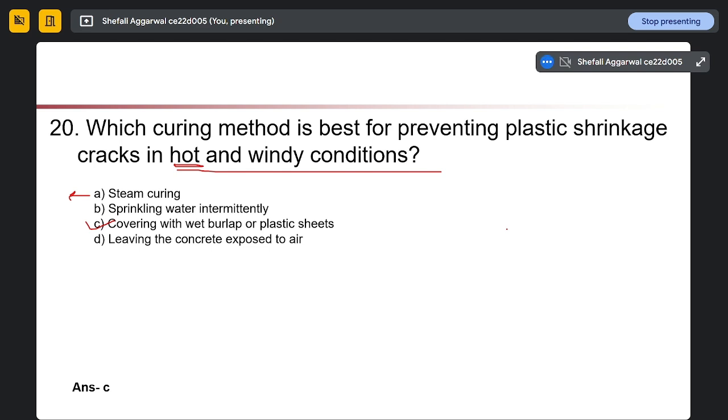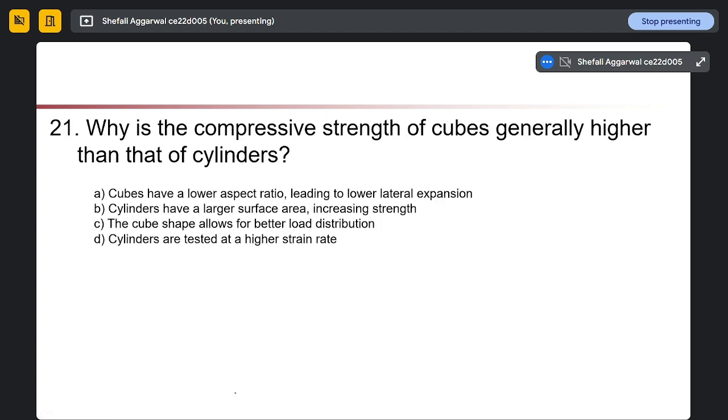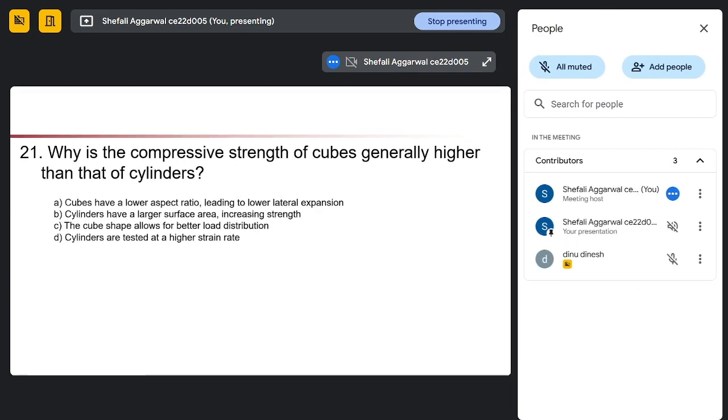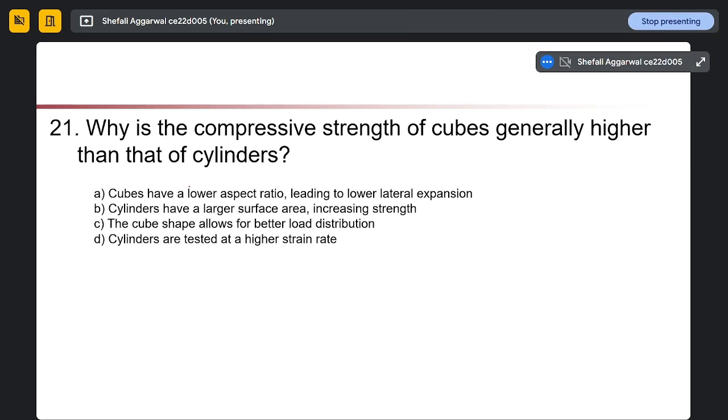Okay. So the next question is, alkali silica reaction occurs when aggregate contains excessive amount of carbonate, silica, sulfates or clay. The basic definition of alkali silica reaction is when the aggregates have a high amount of silica.